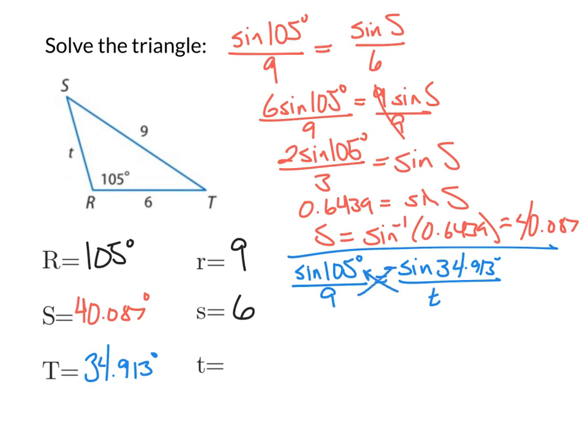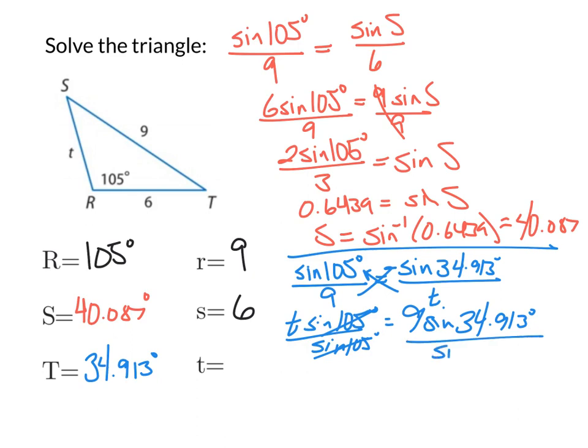Solving this, we're going to cross multiply. And then divide both sides by that sine of 105 degrees. When you do that, you should get that t is equal to 5.332.